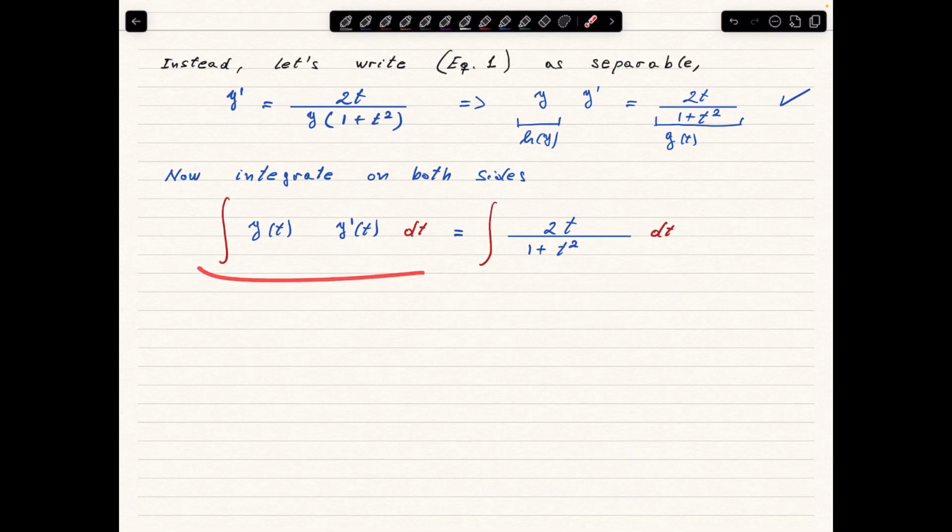So let's do substitution here. What do we mean by substitution? Well, we are going to introduce a new variable that is going to be the unknown function. The unknown function, whatever that is, I don't know what that is, but that function is going to be the new integration variable.